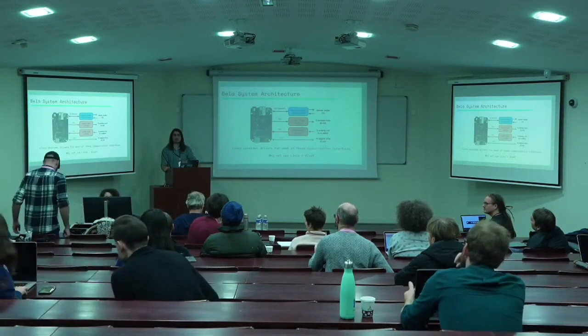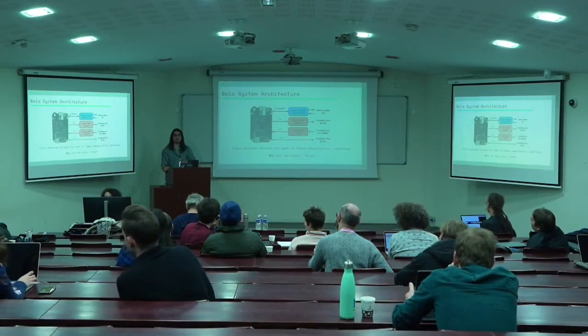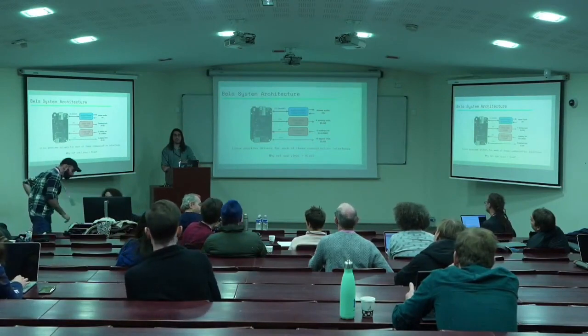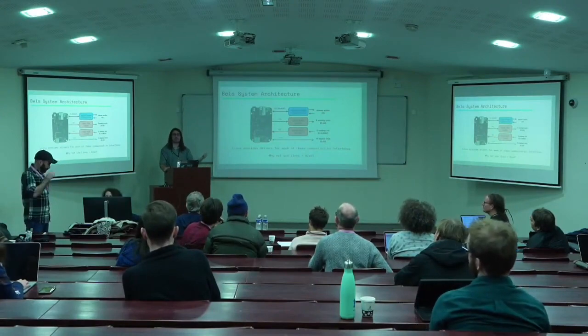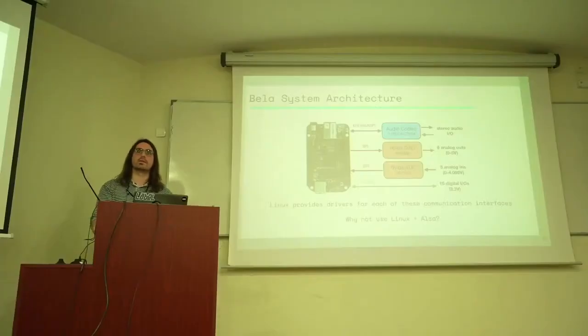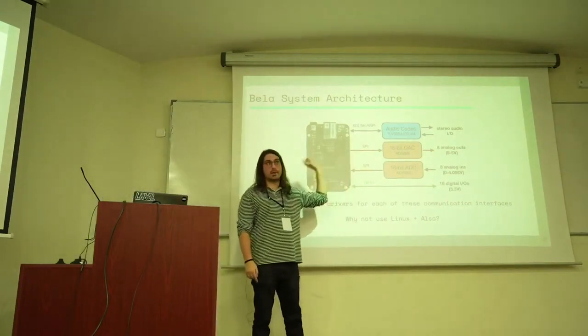Thank you for the presentation. You said we could bypass the codec somehow. I didn't really understand how. It's not that you can bypass the codec. You can just use the analog converters instead of the audio codec. That means you're going to have DC coupled audio, so you'll have to decouple it. And of course, it's not a sigma delta converter, so the quality might drop a little bit. The converters we use for the analog are successive approximation register converters.